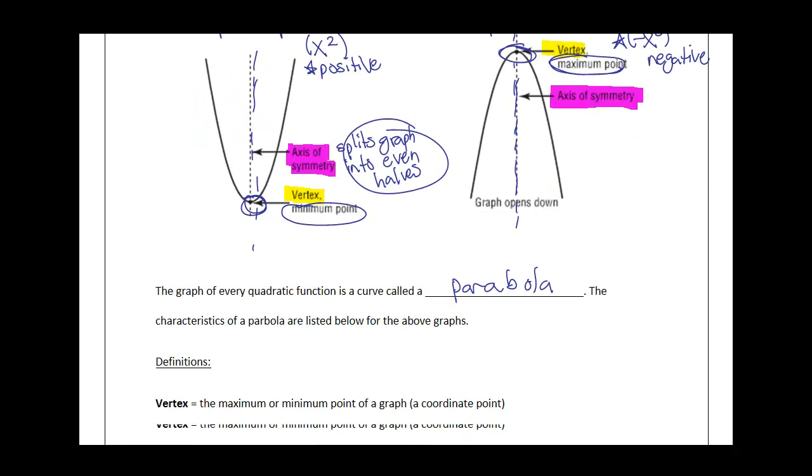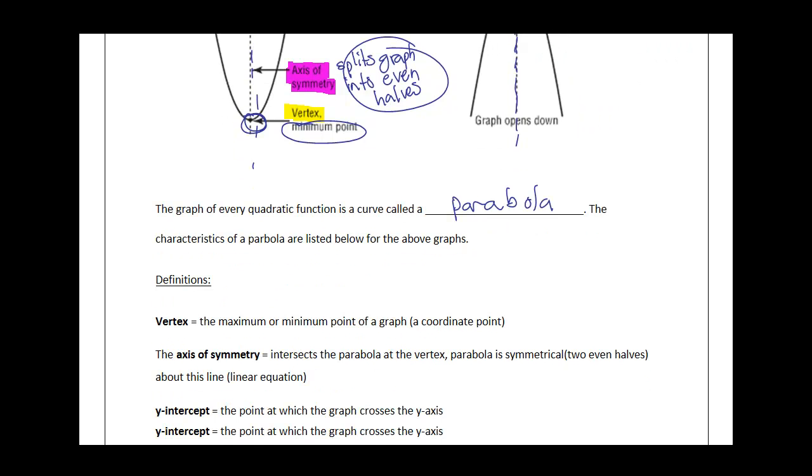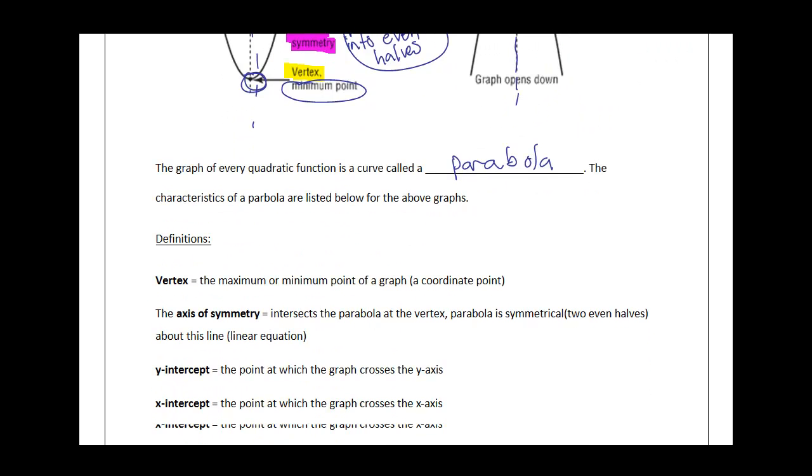All right, let's look at some characteristics of parabolas that we have already mentioned and a few others. First of all, we have the vertex, which we said was the maximum or minimum point of a graph. And here it is a coordinate point, x, y.